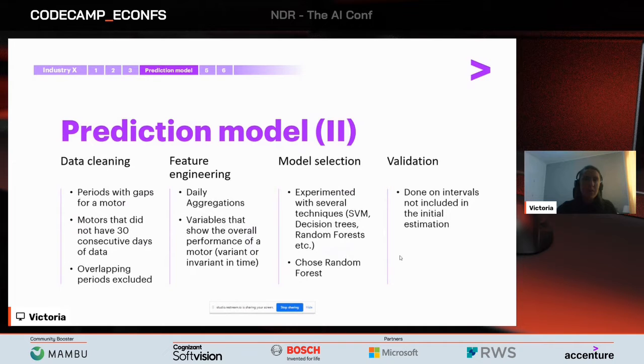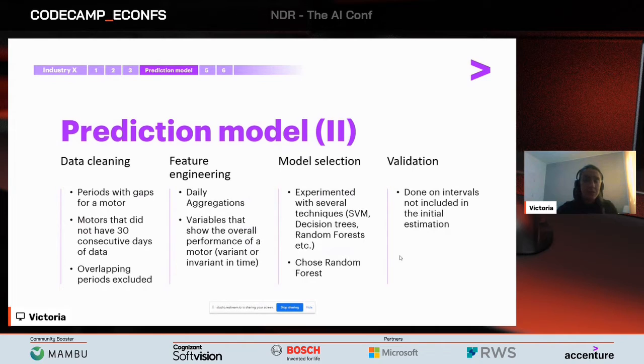Looking more in depth into the model, the main issue we had to take care of in the data cleaning step was how we should handle the periods with gaps. Because if we're missing a day in between those 30 days, we don't know exactly what happened there.